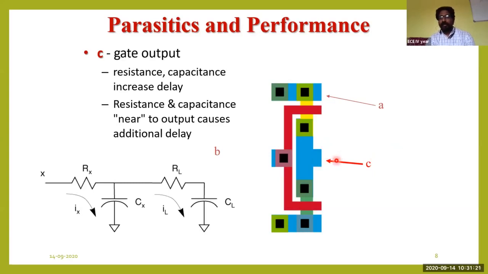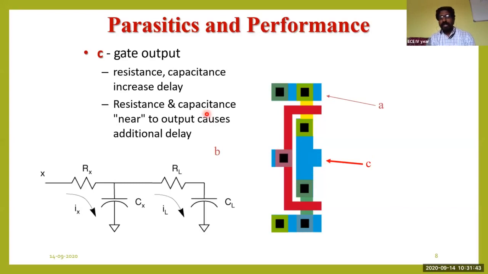In those cases, we use BiCMOS. Otherwise, if you are not using BiCMOS technology or a BJT to drive the large capacitances, then you should make sure that the capacitance and resistance formed at the output are very minimal. Otherwise, it will increase the delay.